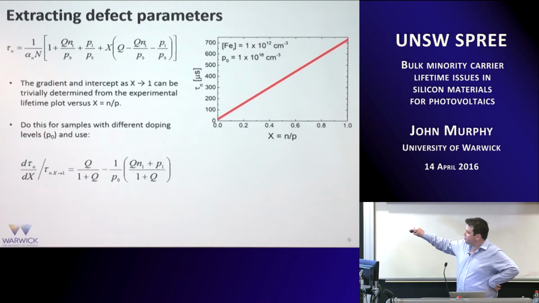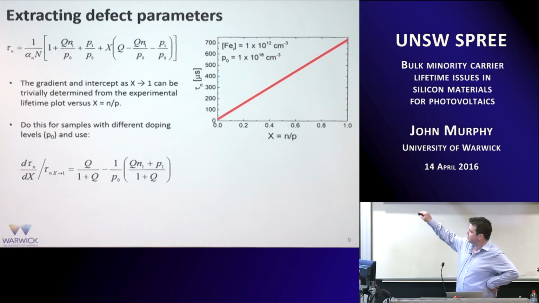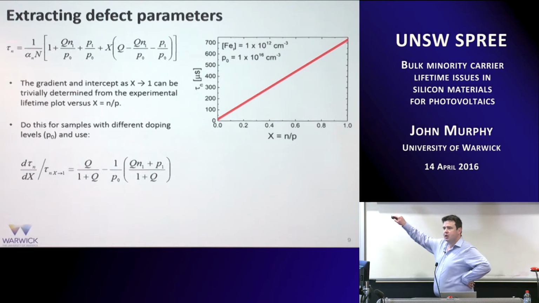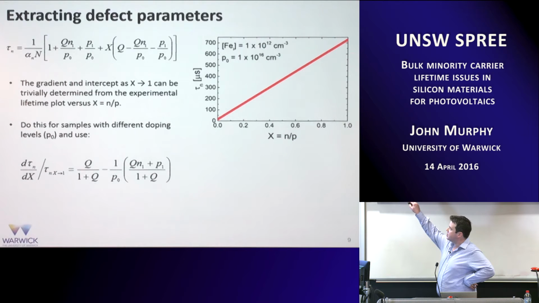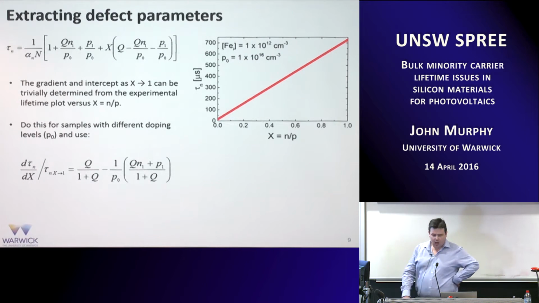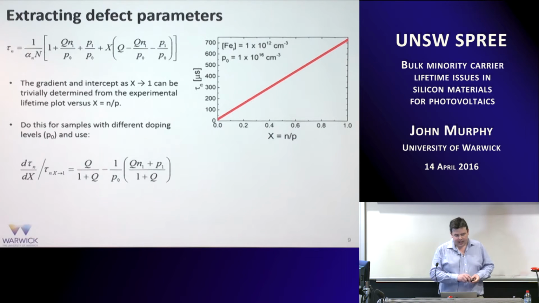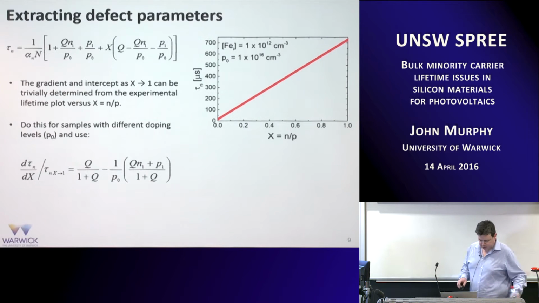So all we do is we take a lifetime measurement, plot it like this. If it's linear, we put a line through it, and we measure two things. We measure the gradient of this line, and we measure the high injection limit, where x equals 1, of the lifetime. And by doing this, we can extract very easily information on the recombination process.